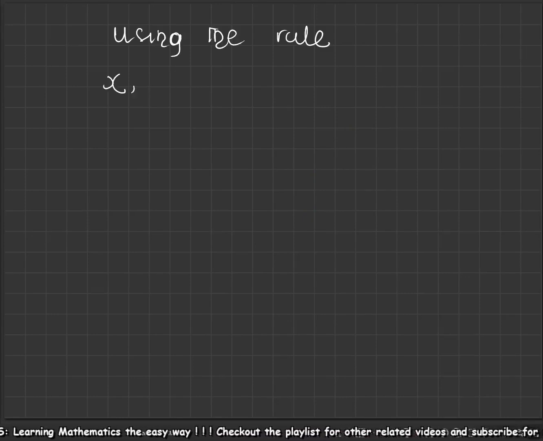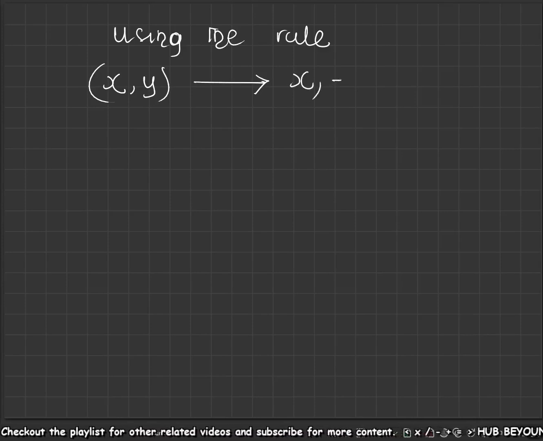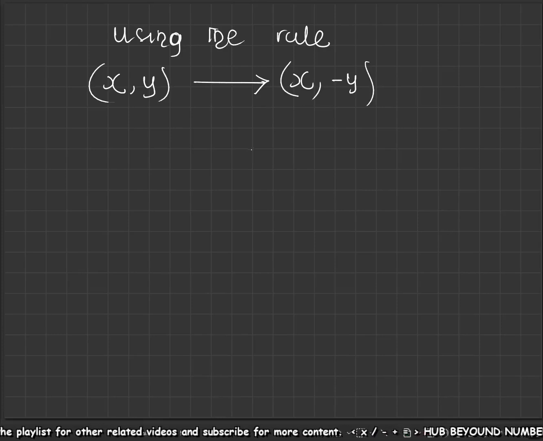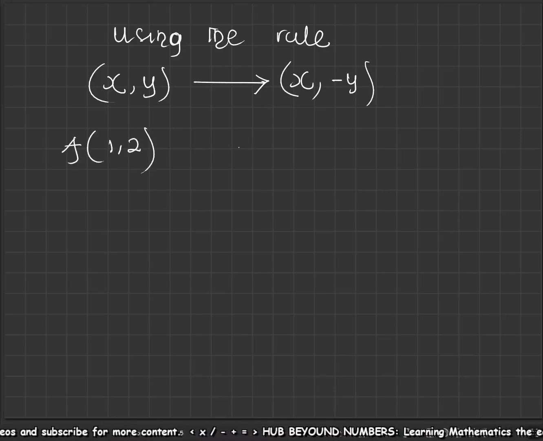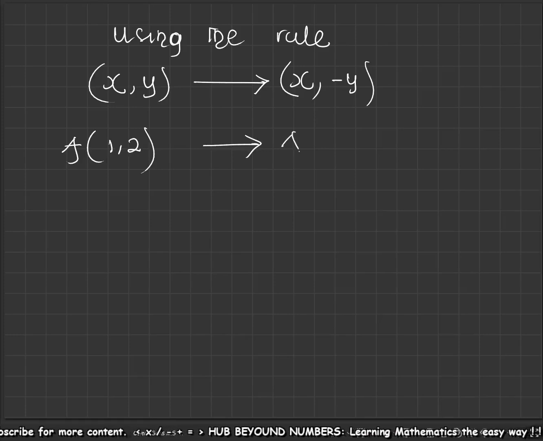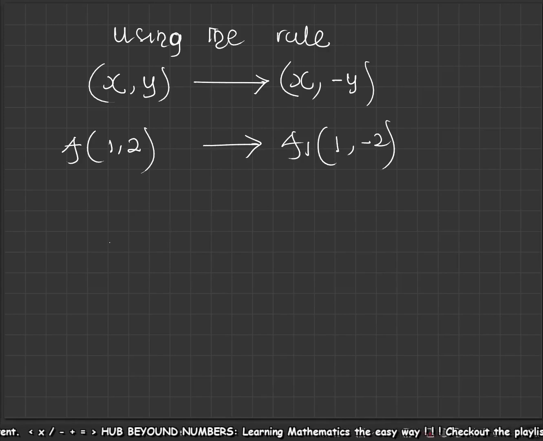It says for every x, y, if you are reflecting over your x-axis, then you just maintain your x value and negate your y value, you see. So it simply means that A, which has the coordinate 1, 2, is going to give us A1 with coordinate 1, negative 2, you see.